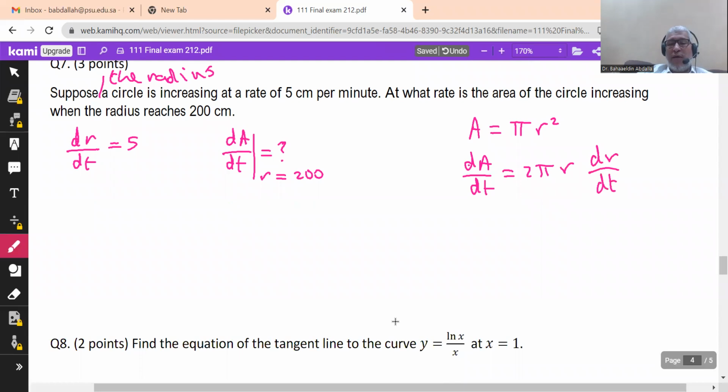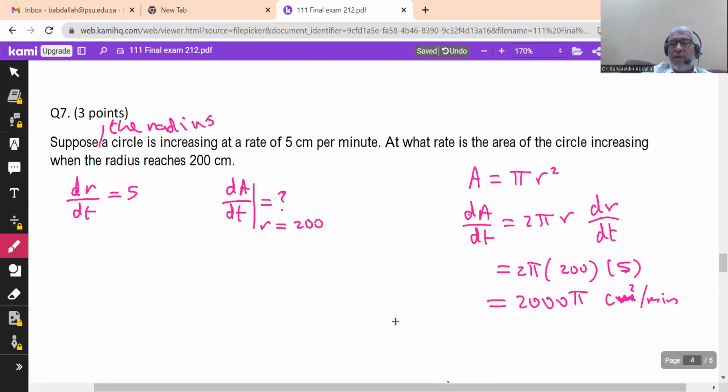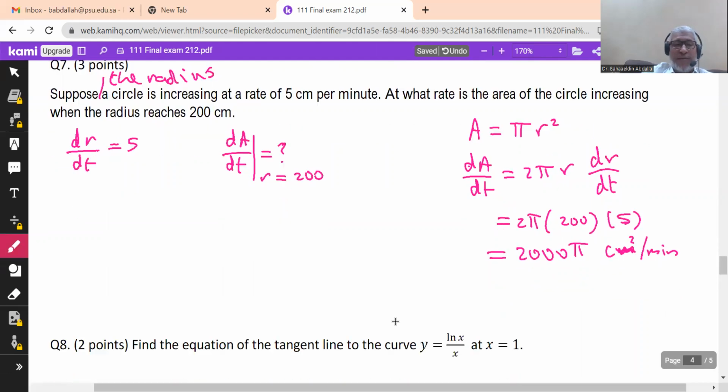So dA by dt would be 2 pi times r, which is 200, and dr by dt is 5. So we will have 10 times 200, that's 2000 pi centimeters squared per minute. This would be the rate of change of the area.